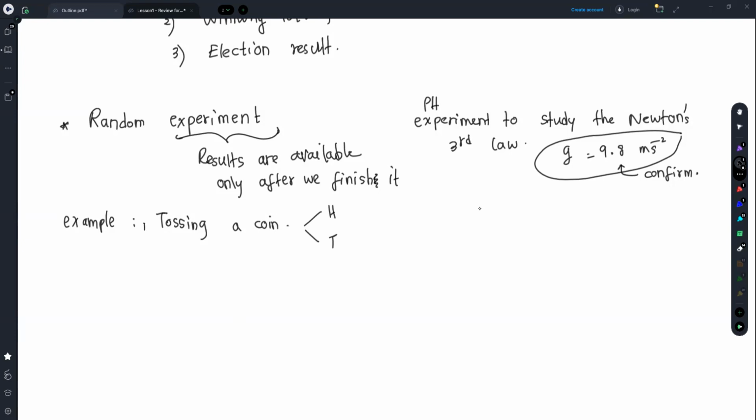Can you give me another example of a random experiment? I'm sure you have learned these things many times. Give me another random experiment that you are familiar with. Anybody who wants to try?